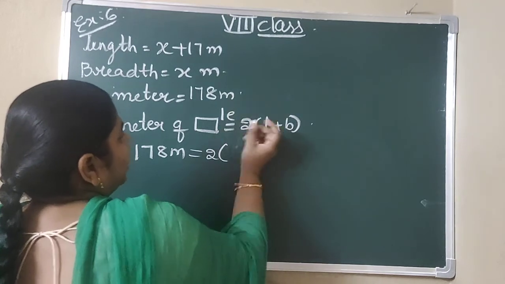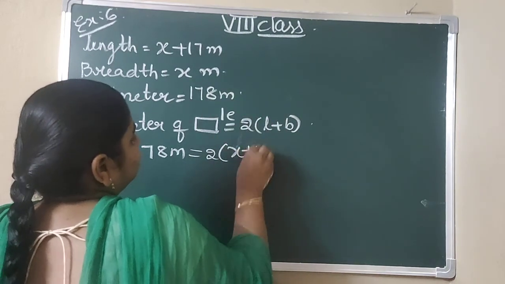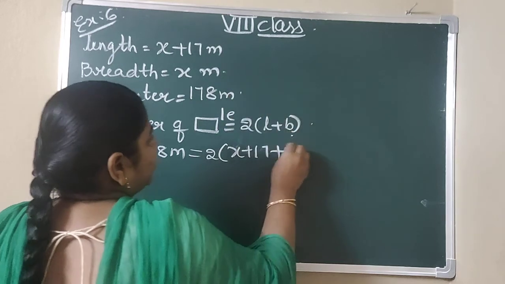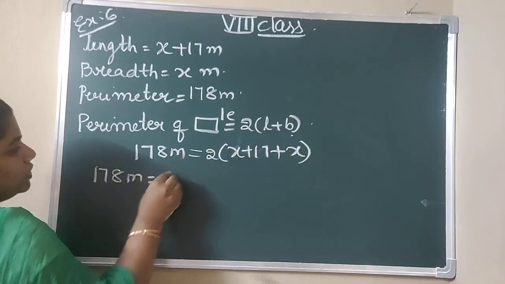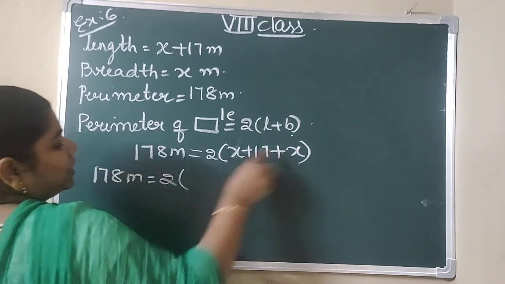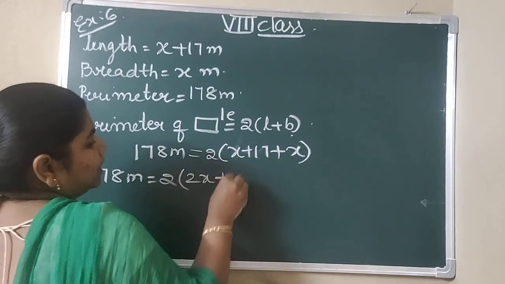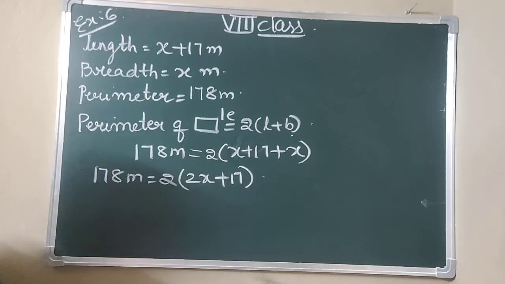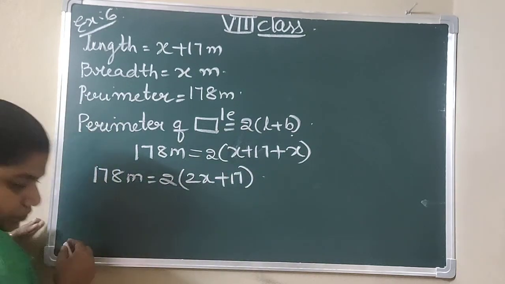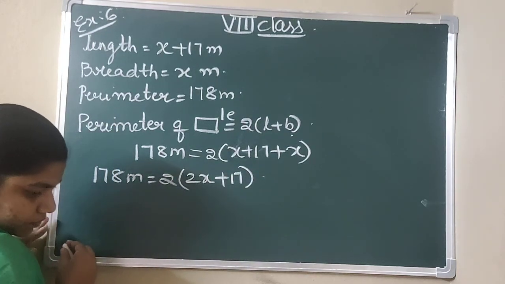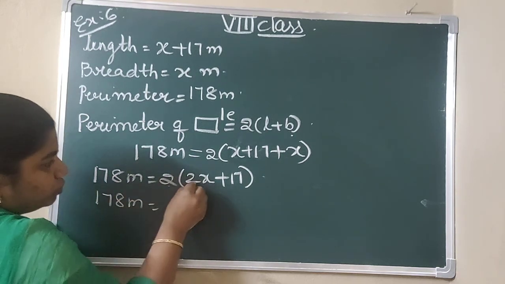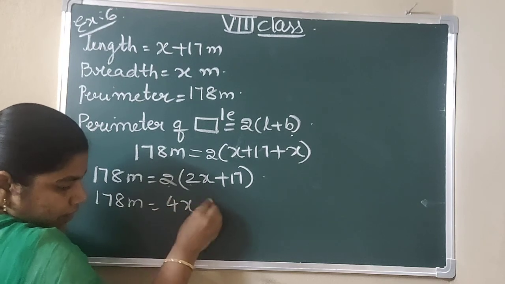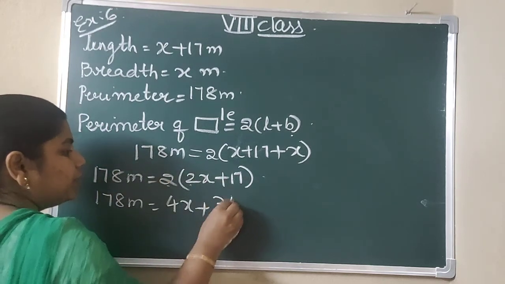Sorry, the L value is x plus 17 plus the breadth value x. Now 178 meters is equal to 2 into x plus x, which is 2x, plus 17. Now multiply with each other. So that will be 178 meters equals 2 2s are 4x plus 2 17s are 34.